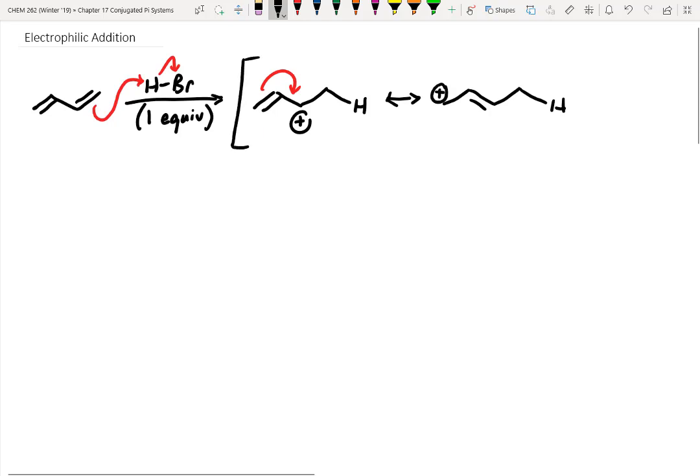Are there any others? I don't think so. So those are our two major resonance contributors for this conjugated system. And it's important to remember that we still have bromine or bromide floating around. So I'll let you think about what could happen with that bromide. See if you can figure out why we're getting multiple products.